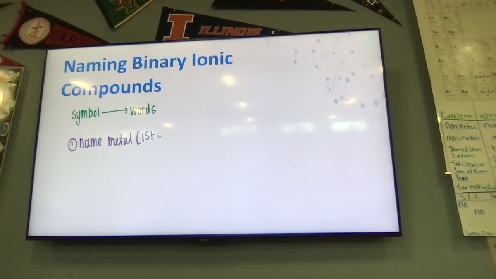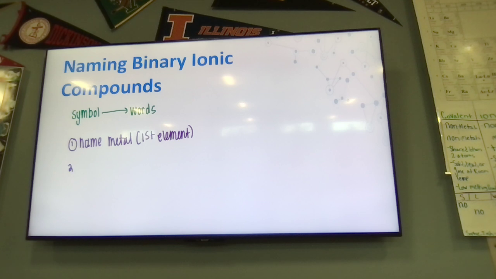It'll always be the first element, so we always have the metal come first in our ionic compounds. The cation, the positive one, is always first. So you're just going to write the name. If it's Li, you write lithium. If it's Al, you write aluminum. If it's Ca, you write calcium. For the metal part of it, it's really just the same as it was with matching element symbols. Just write the name. Just got to remember where they are.